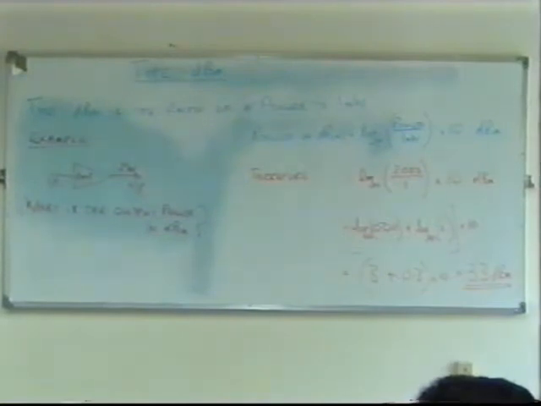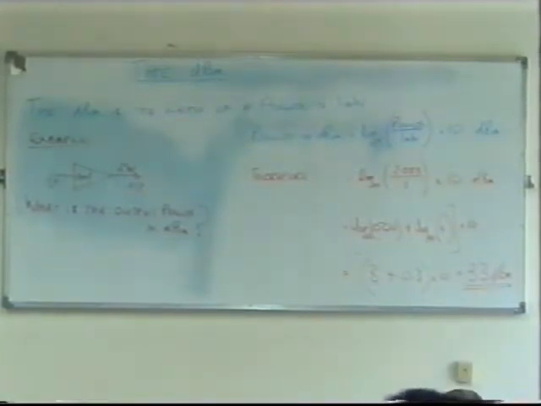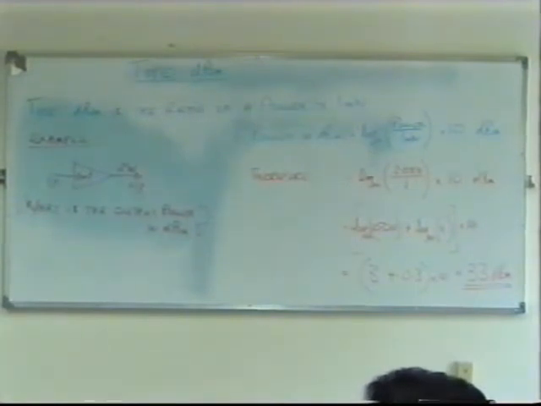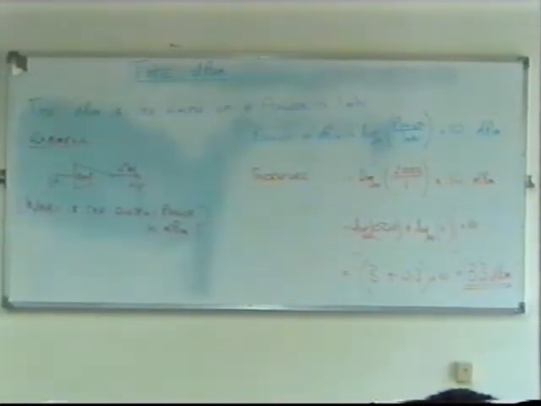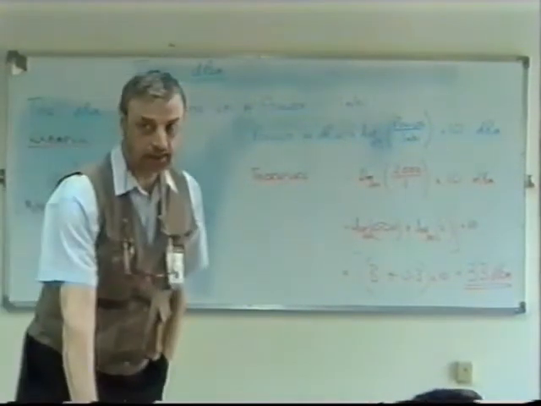Only the output power changes, the input doesn't change. The gain will change, yes, because the output will be increased. So what is the gain if you multiply the power by 2? What is it in decibels?